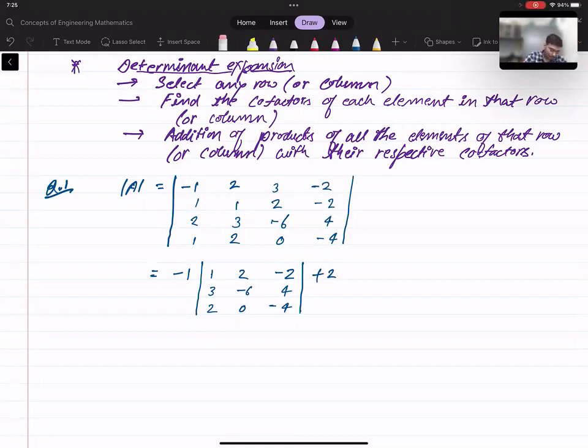So let me directly put minus here. Okay. So this minus comes due to the cofactor term. Cofactor is nothing but -1 to power 1 plus 2 here in this case into the minor of this a12, which will be, delete the first row and second column.